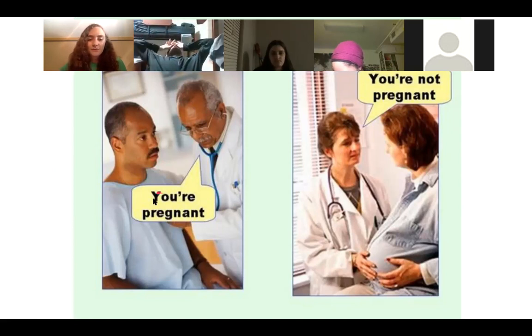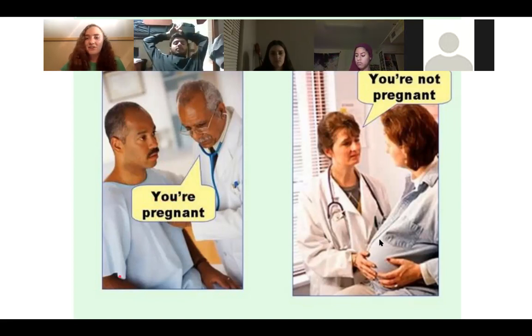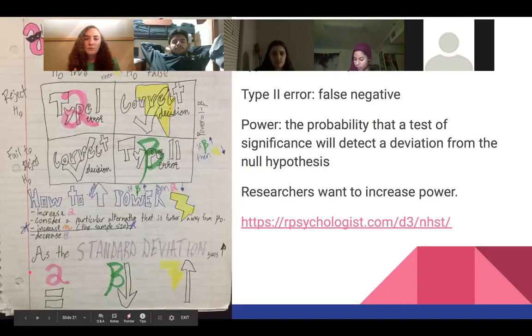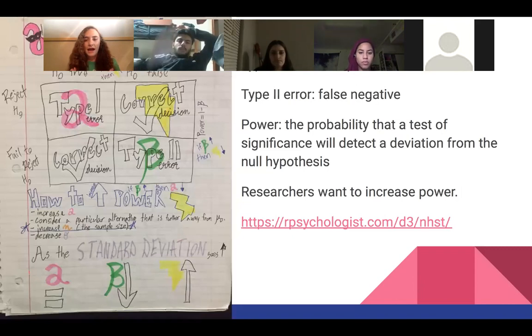You would be telling someone they were pregnant but they weren't. And a type 2 error would be you're told you're not pregnant but you really are. So from the two, which one do you think is a worse error to have?